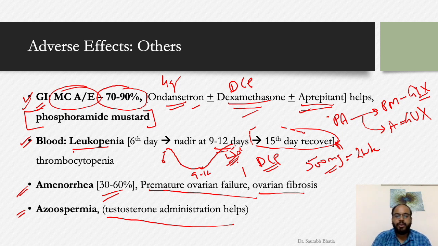Another good idea would be to counsel the patient if they can freeze their sperms or ova. It's better if the facility is available and the patient can afford it, and cyclophosphamide is the only drug you want to use, there are no other drugs because of contraindications, have a discussion whether they would like to freeze their gametes so that pregnancy can be achieved further if required.